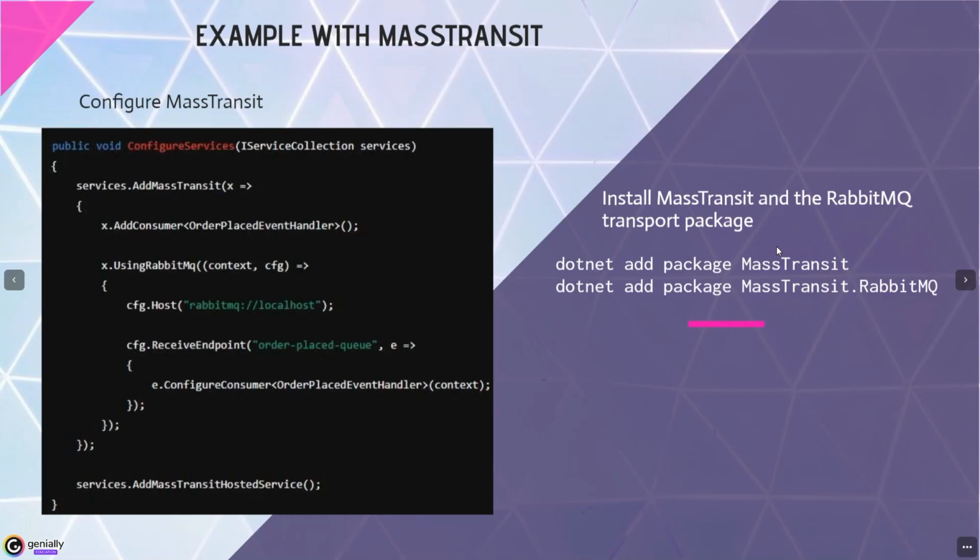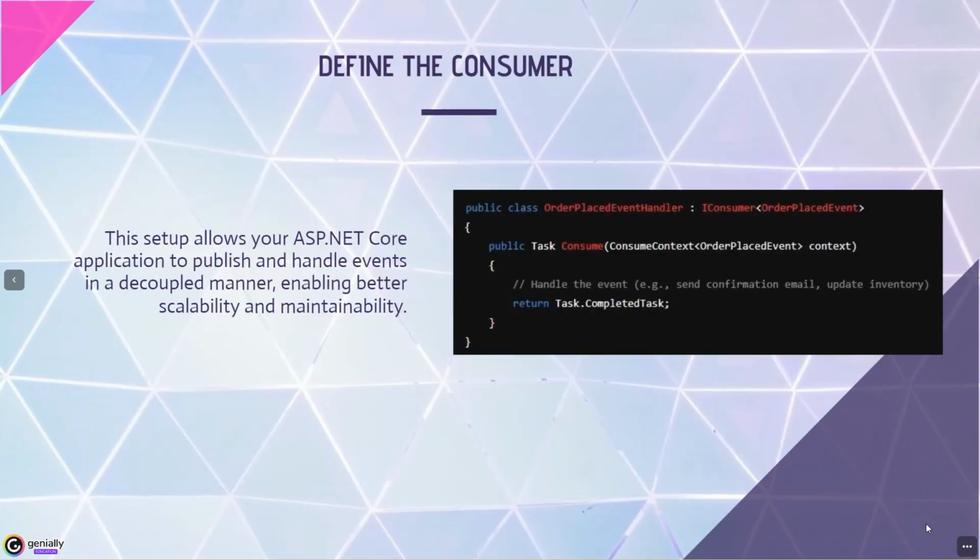On the left we have an example with MassTransit. There is a configuration method here. We add the dependency injection service for MassTransit. Here we have the definition of a consumer. So this setup allows your ASP.NET Core application to publish and handle events in a decoupled manner, enabling better scalability and maintainability.